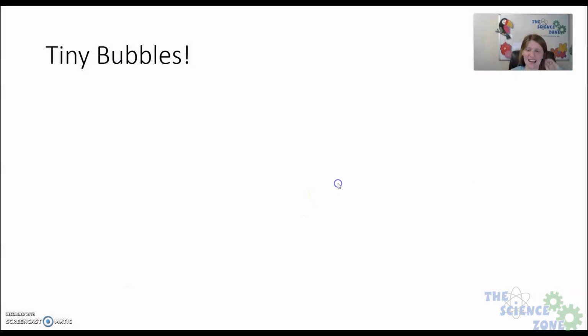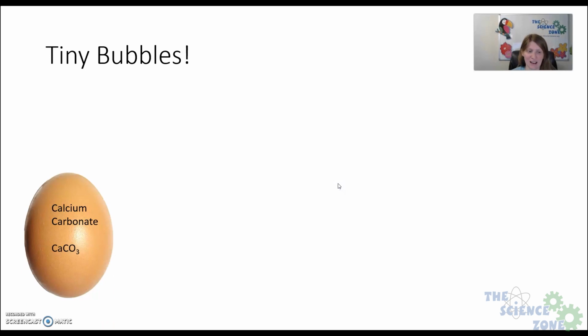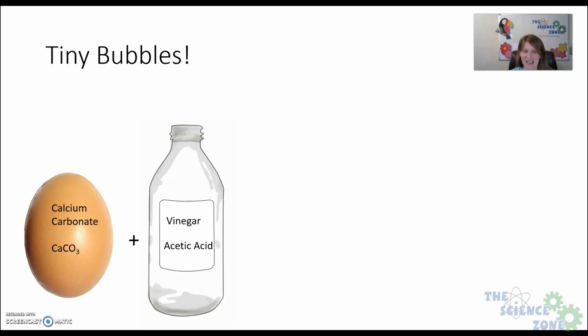When we look at naked eggs, the shell has something called calcium carbonate. The carbonate part is very similar to what you see in baking soda, which is sodium bicarbonate. Vinegar is a weak acid called acetic acid. When you put acetic acid and the carbonate ion together, you end up with this amazing chemical reaction.